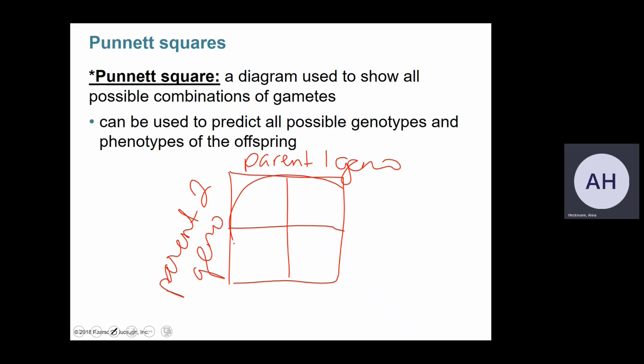And then within this box, once you solve the problem, you will find all the possible genotypes of the offspring. And because you have all the possible genotypes of the offspring, you also know their phenotypes.